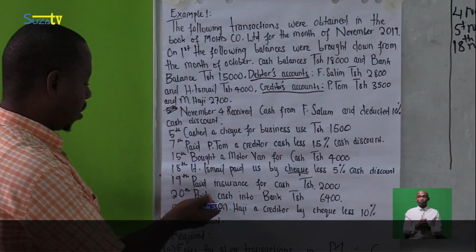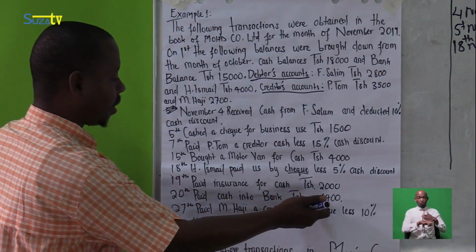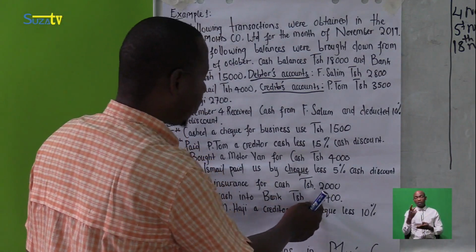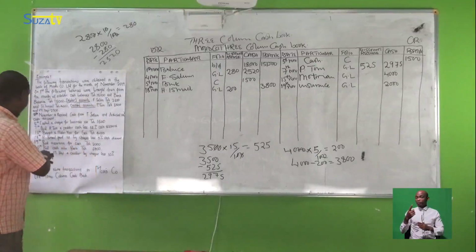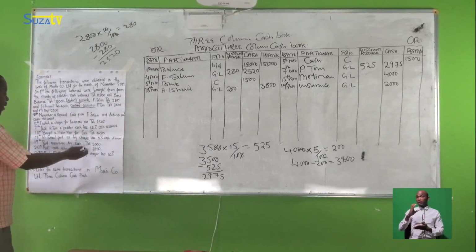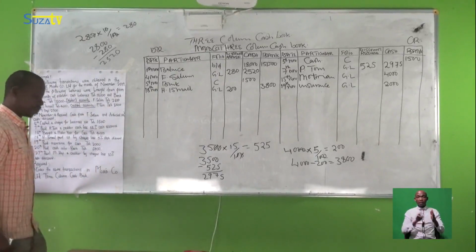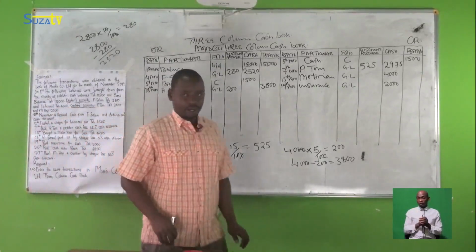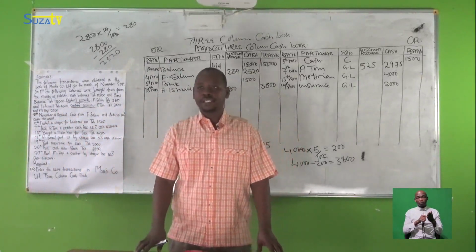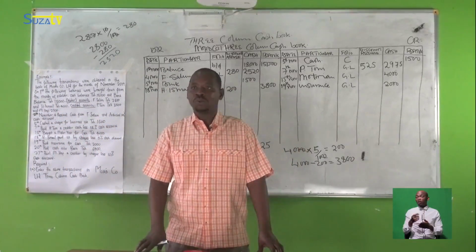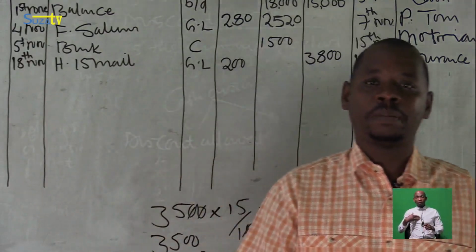20th. Paid cash into bank, Tanzania shillings 6,400. We mean that the cash of the business was a lot of money, and the owner wanted to deposit it to the bank.